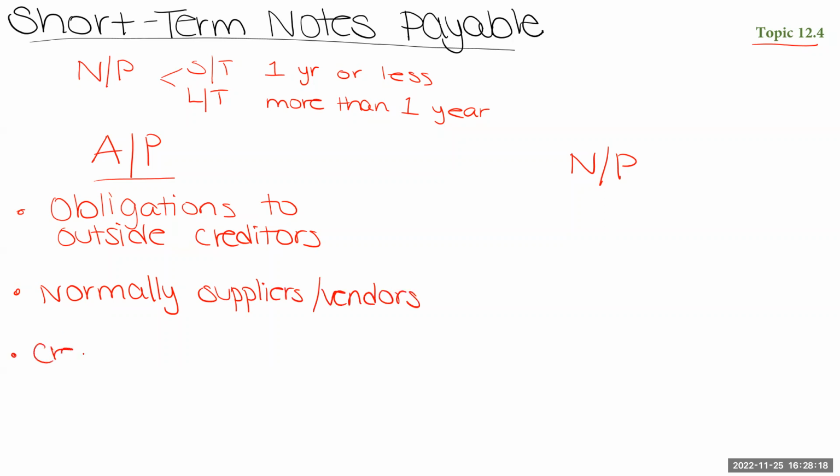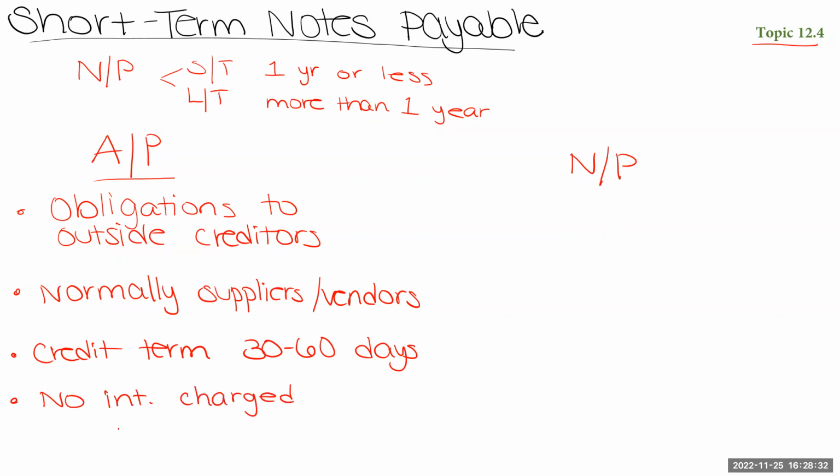The credit term is usually 30 to 60 days, and there is usually no interest charged. And we know the journal entry: let's say we were buying inventory on account, your credit offset was accounts payable. So that would be your journal entry.